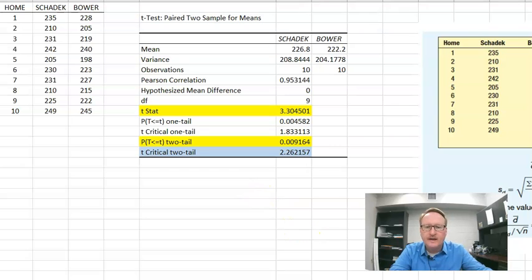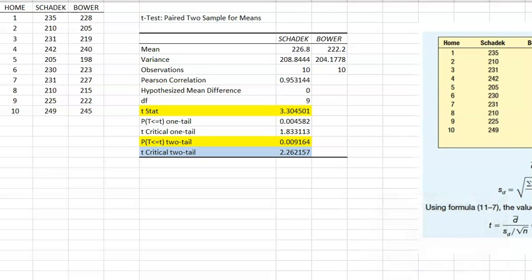I know this is really fast, and I know it's not fast because it's 30 minutes, but I didn't go into a whole lot of detail here because I really just want you to relax a little bit and not have to worry so much about mathematical formulas and all those kinds of things. It's more about learning the process.